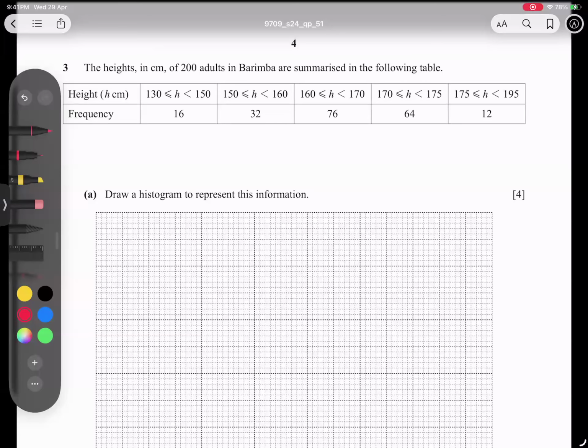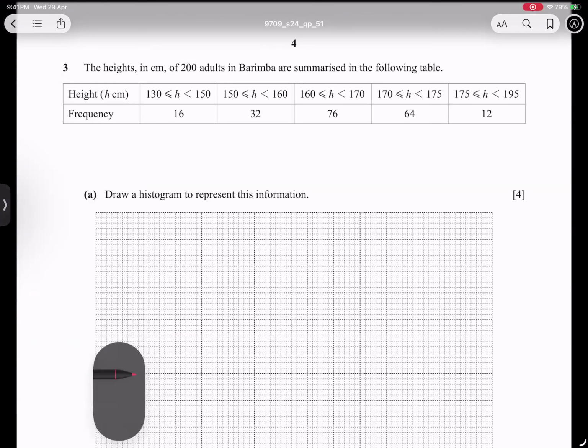So question number 3, students. What is the question? We draw a histogram, with frequencies given. Whenever frequency is given, how do we make a histogram? First of all, check whether these numbers are the same or not.